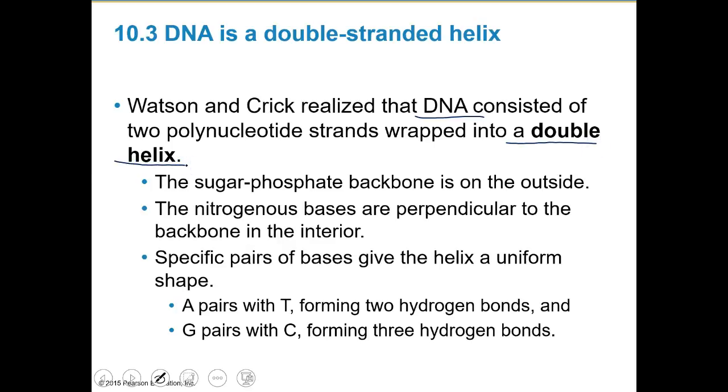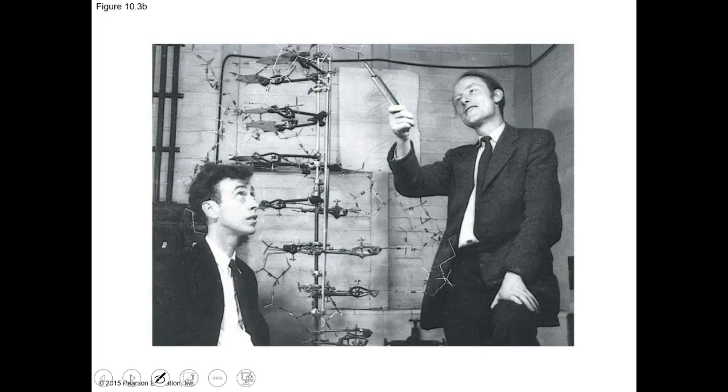The sugar phosphate backbone is on the outside, which we've determined. The nitrogenous bases are perpendicular to the backbone and in the interior, like rungs. The specific pairs in the helix form are A's with T's, straight letter with straight letter, curvy letter with curvy letter, so G's with C's. And they form a different number of hydrogen bonds, but I don't really get into that too much.